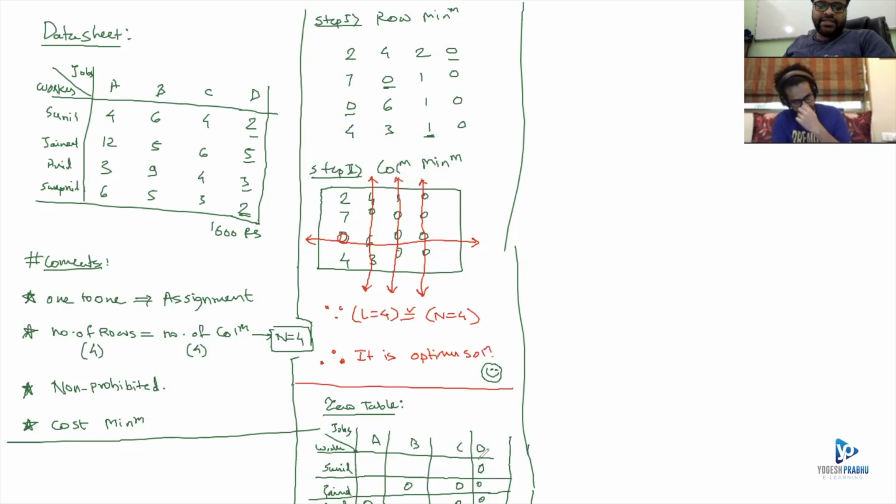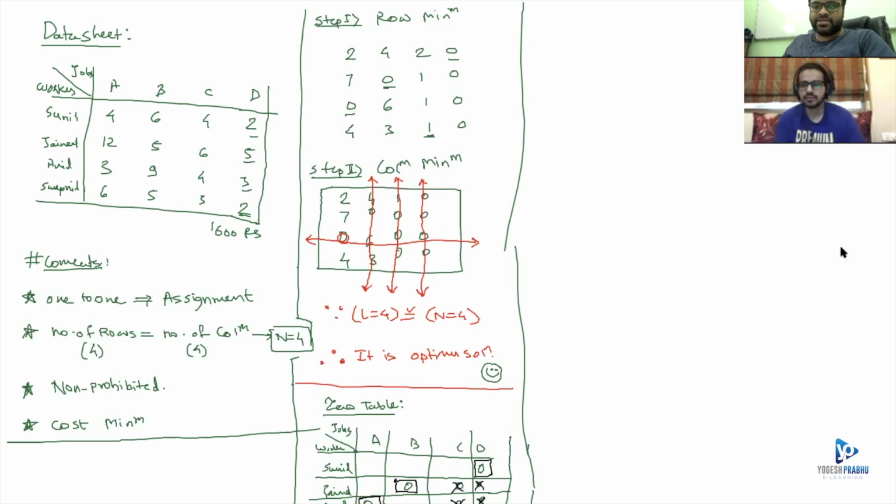So you can take this 0 alone and this 0. Now in second row we can consider B. Once you select one 0, it simply means that Anil will do job A, of course. C gets cancelled.